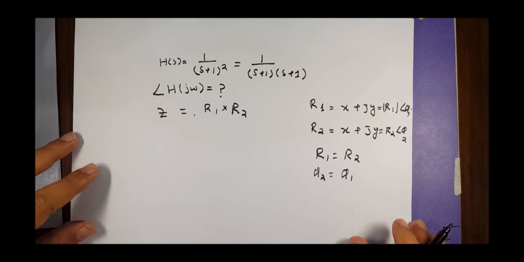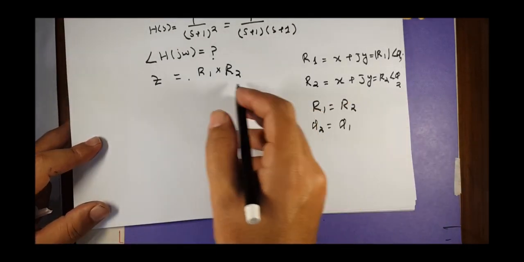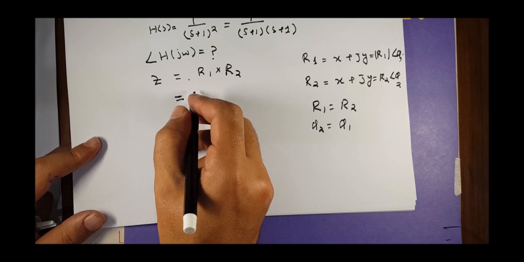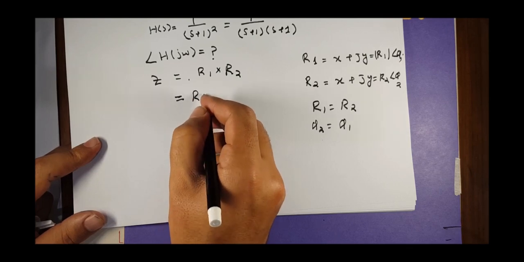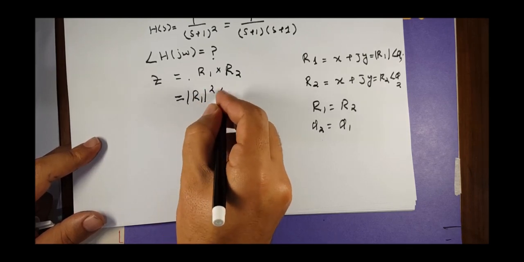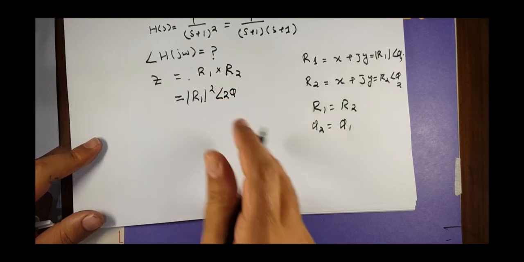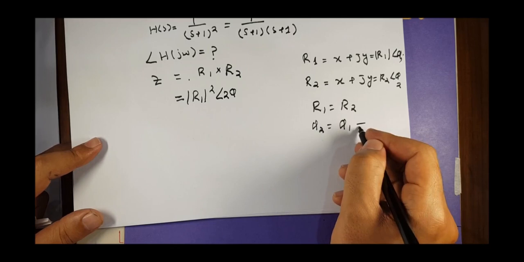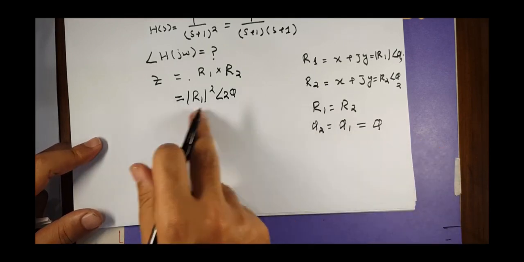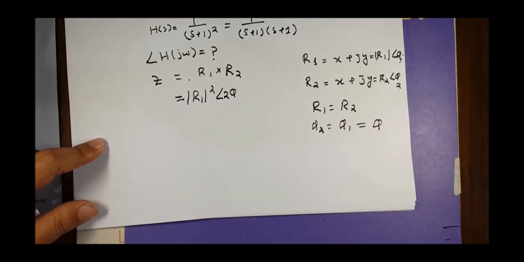So we can simply write this equation as r1 squared with angle theta 1 plus theta 2, and since theta 1 is equal to theta 2 is equal to theta, this is 2 theta, right?